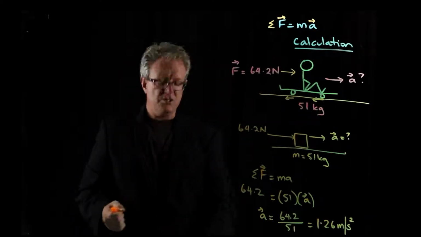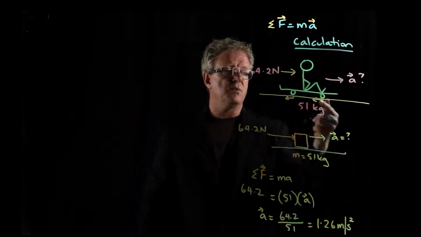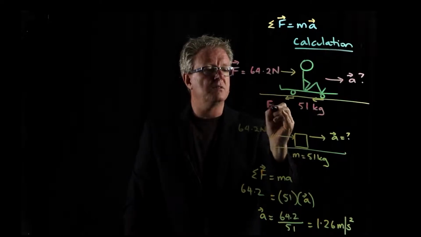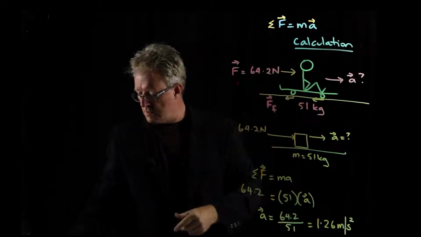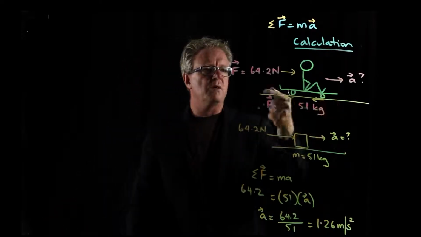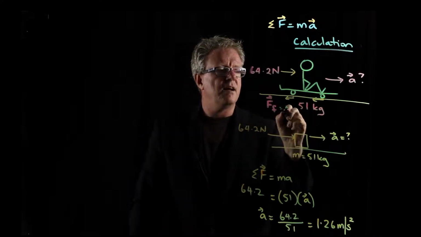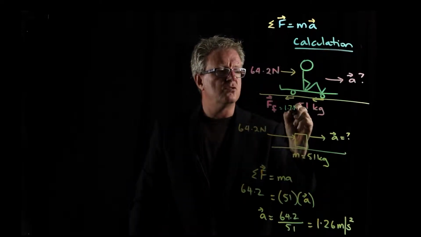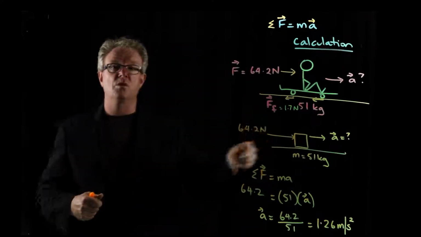Now, how would that change if we did actually include some friction? Let's say that we have a frictional force going backwards, and that pen's getting too thick. So we've got a frictional force going back. Let's give that 1.7 newtons. So how does that change things? Let's redraw our diagram.